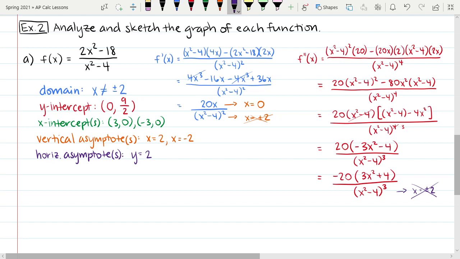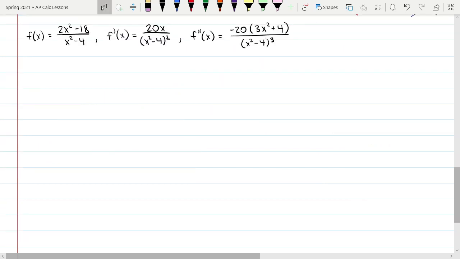So now we're going to make the mother of all sign charts. The mother of all sign charts. And it's going to look like this. Okay, so I went ahead and just rewrote the function f prime and f double prime just to give us some space here. But remember, we're going to make our sign chart. Now, remember on your sign chart, on the number line, you would include any critical numbers and any domain restrictions.